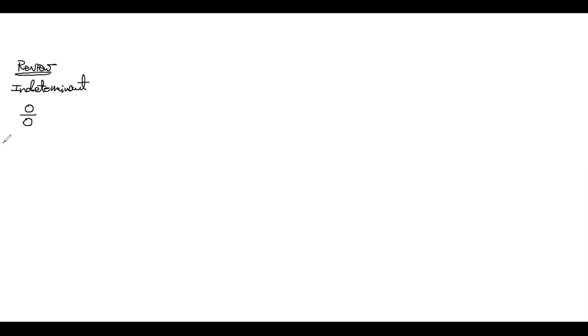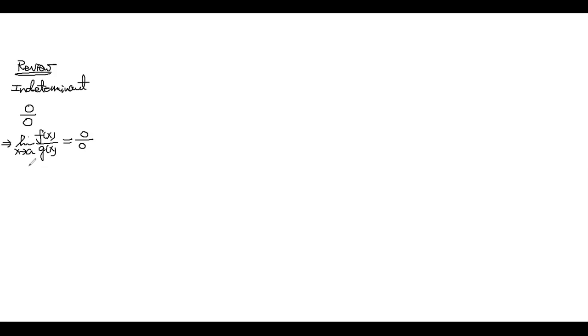Like what we did before here, we said the limit as x approaches a of f of x over g of x, right? If this gives you the indeterminate form, that means we don't know. If this gives you 0 over 0, then we don't know what the limit is.